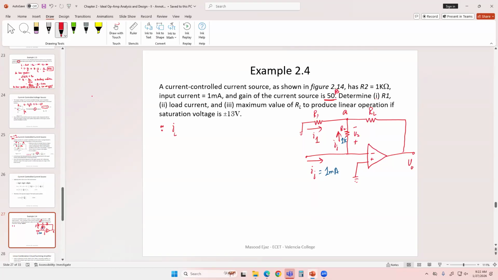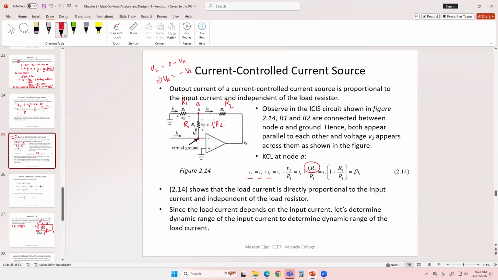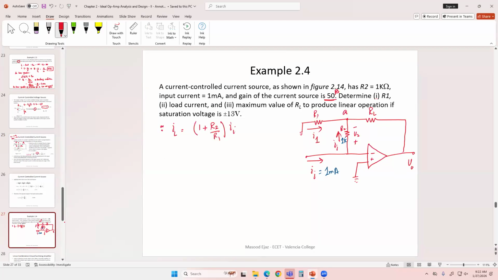Since the load current is 1 plus R2 over R1 times the input current. Load current is I1 times 1 plus R2 over R1, and this quantity is your beta, which is given as 50.